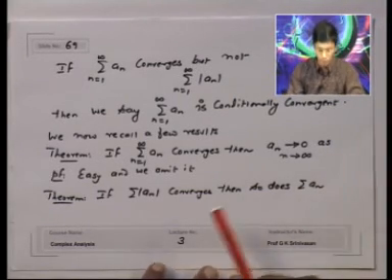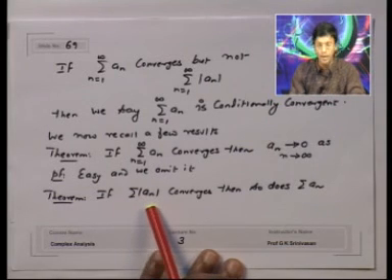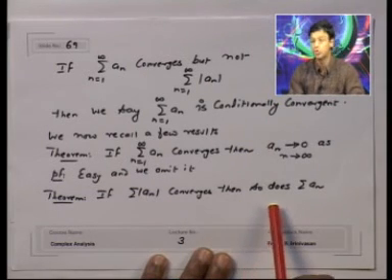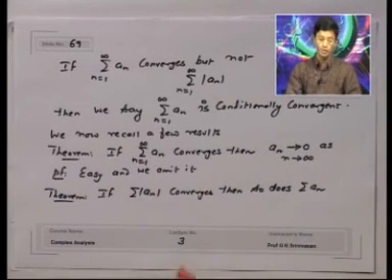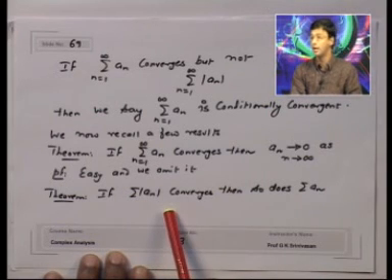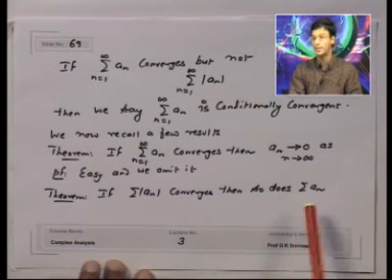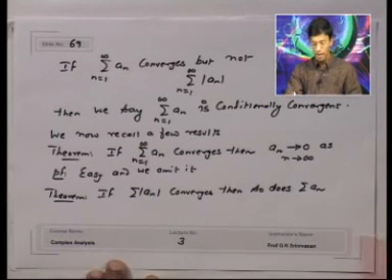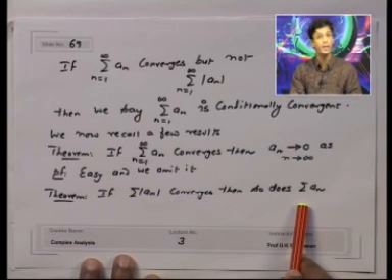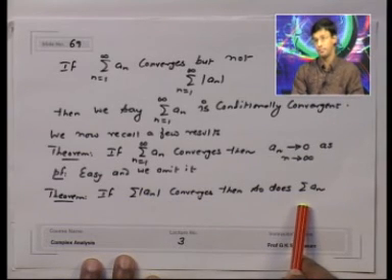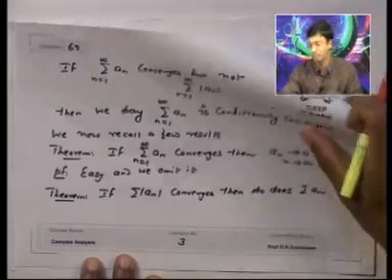So, now we prove the important theorem that if sigma mod a n converges, then so does sigma a n. Absolute convergence implies convergence.